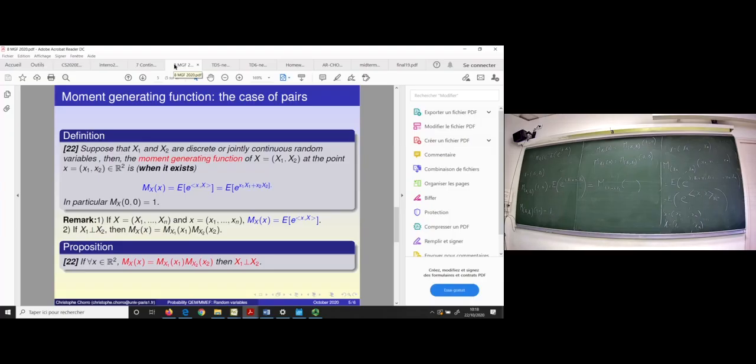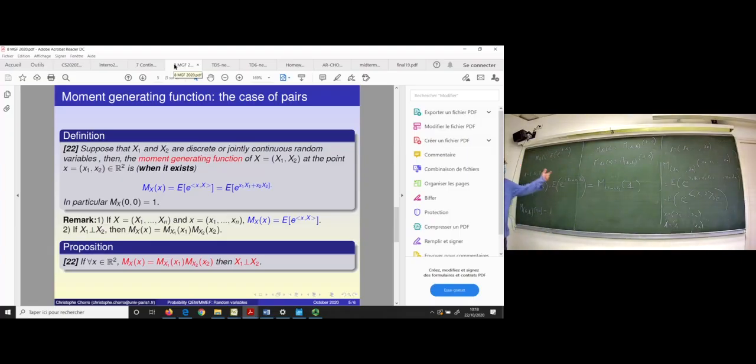I don't know if x1 and x2 are independent. In general, they won't be. The next remark about independence will apply afterwards, but for the moment, what is the point that is missing here? 1.